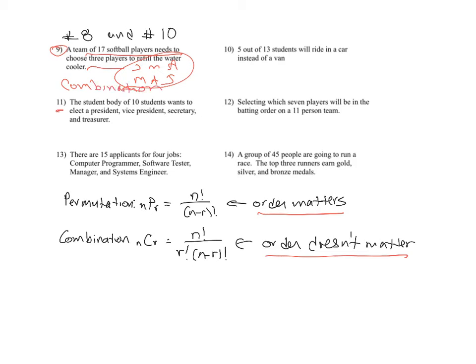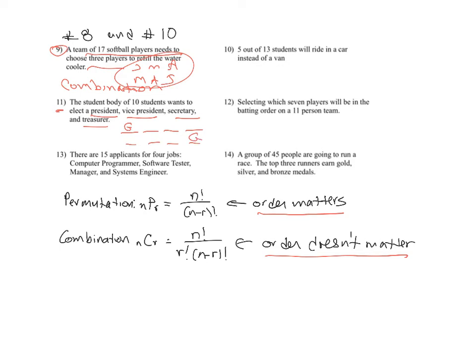Let's look at number 11. The student body of 10 students wants to elect a president, a vice president, a secretary, and a treasurer. So if we pick 4 students, and let's say George becomes president, is that a different experience than if George got elected treasurer?